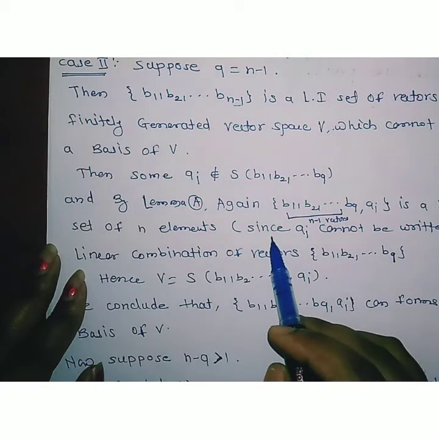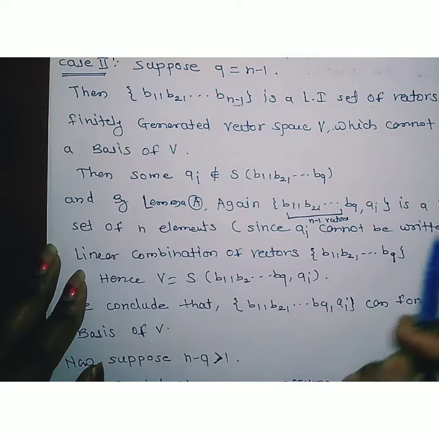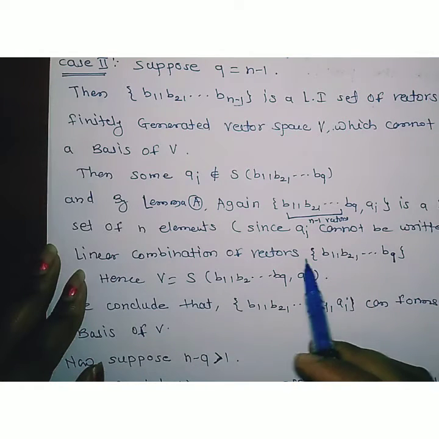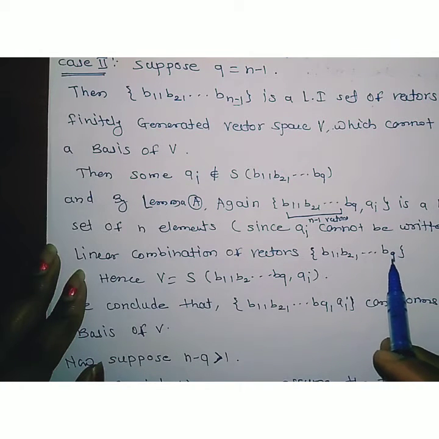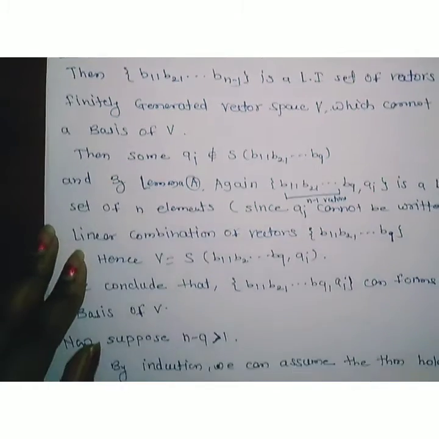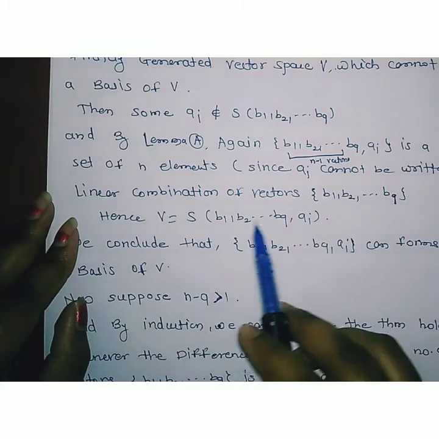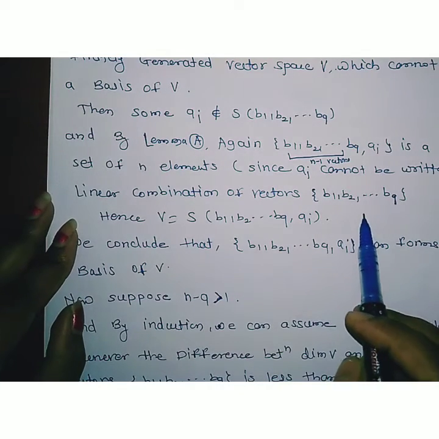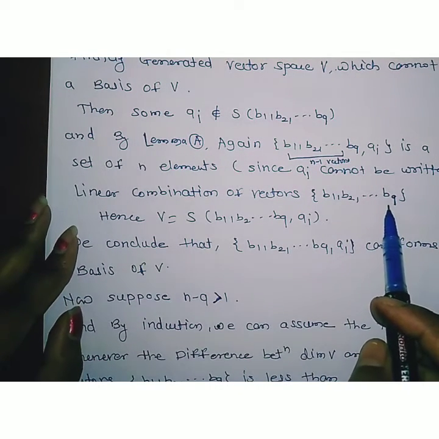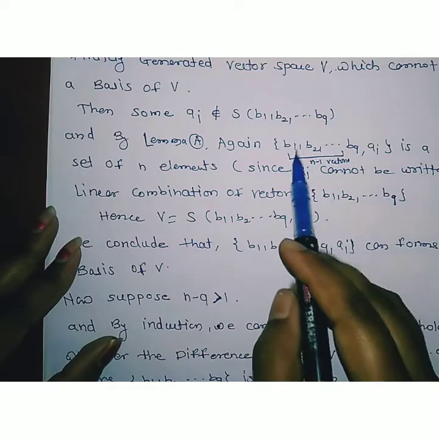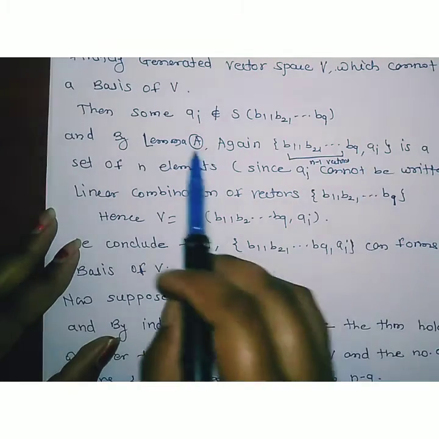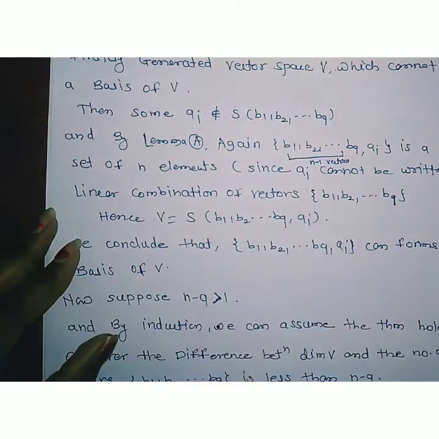N elements. Now, ai cannot be written as a linear combination of vectors b1, b2, ..., bq. Why can this not happen? This is a linearly independent set because ai does not belong to the span of b1, b2, ..., bq.